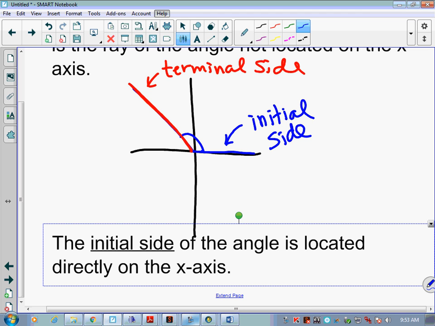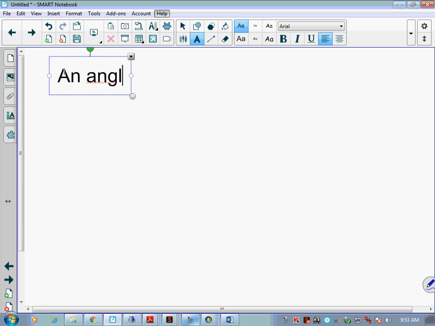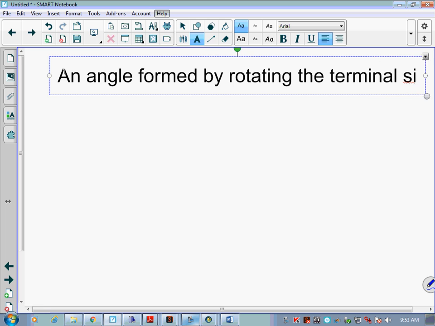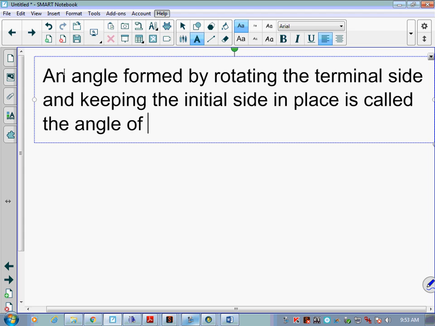Now we want to talk about the angle of rotation, which is a whole little paragraph down below that. An angle formed by rotating the terminal side and keeping the initial side in place is called the angle of rotation.